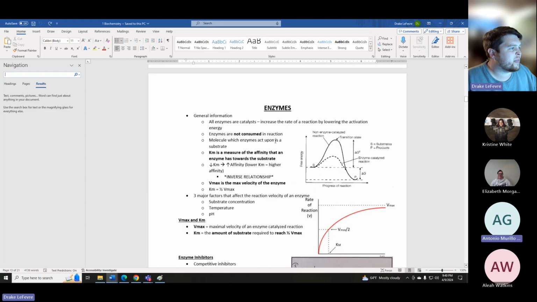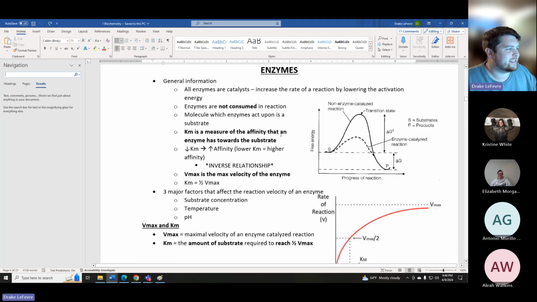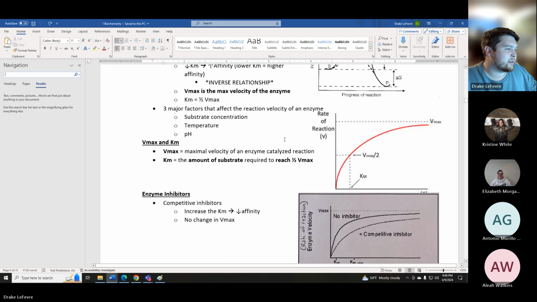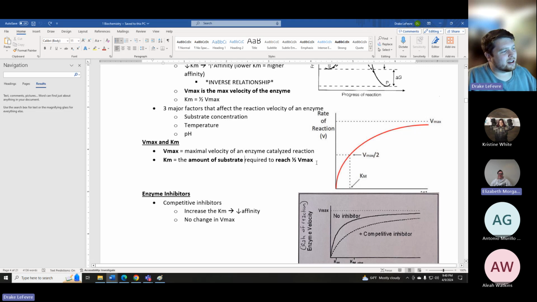Here we go. Remember this stuff? VMAX and KM. Yeah, I still don't get all that. Some of this will come back. This is probably a good thing.